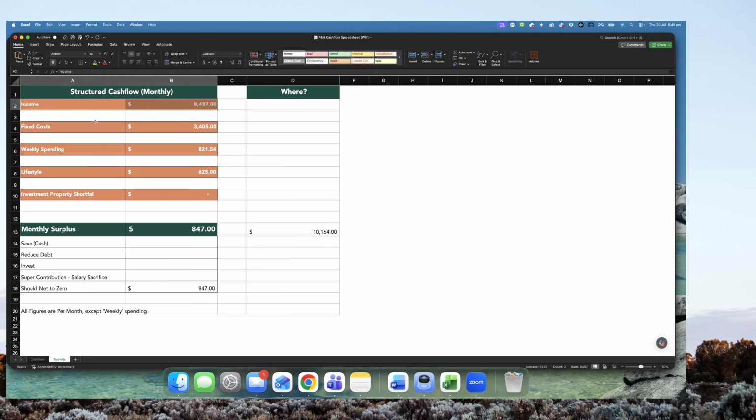So what we've got here is the income, the fixed costs, the weekly spending, and the lifestyle amount. The surplus. So Will, this is telling me that on a monthly basis we have about $850 per week to drive towards your goals, whatever they may be.